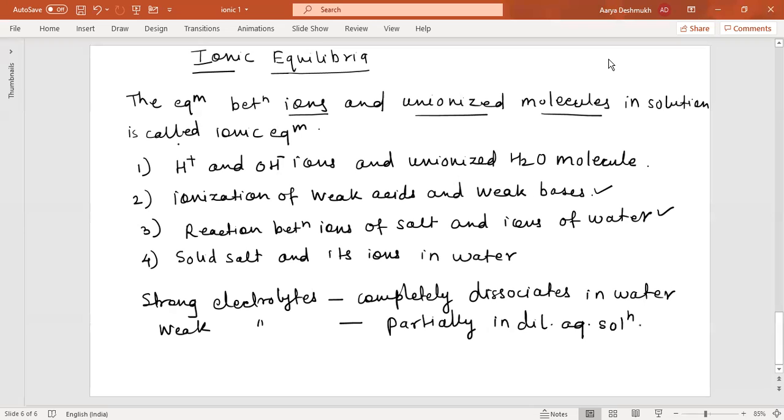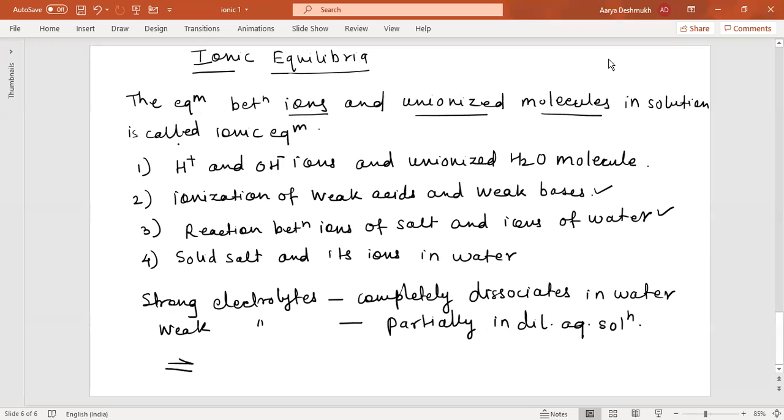So an equilibrium is established between ions and non-ionized or unionized molecules, and the ionization reaction is represented by a double arrow.